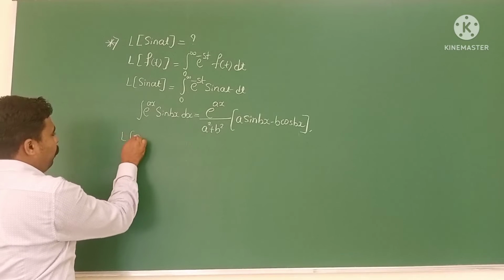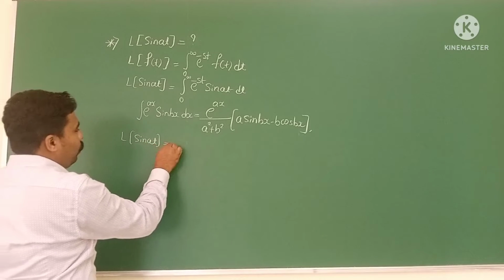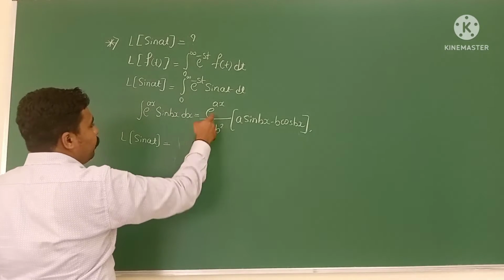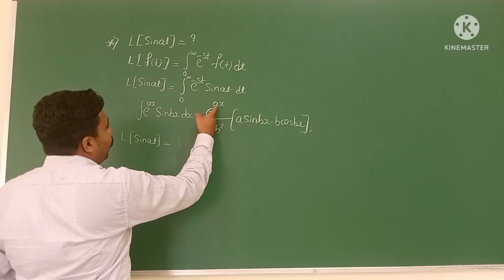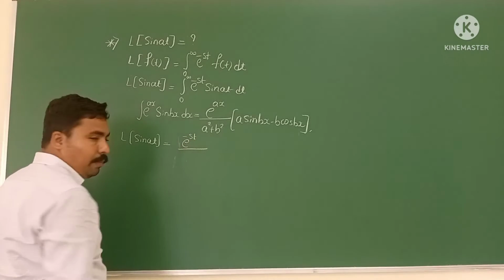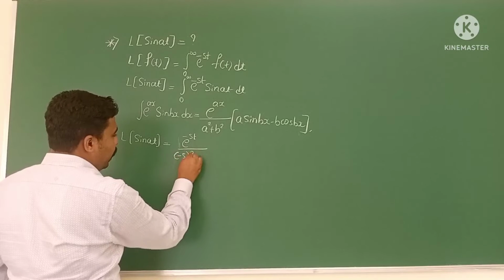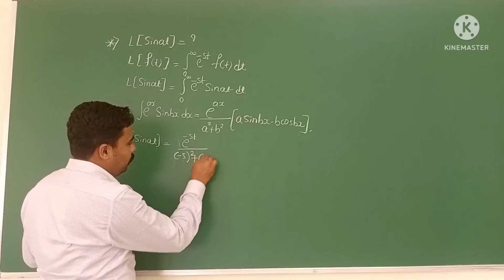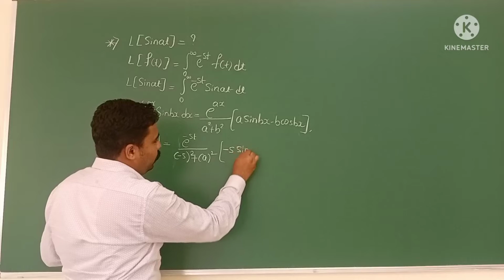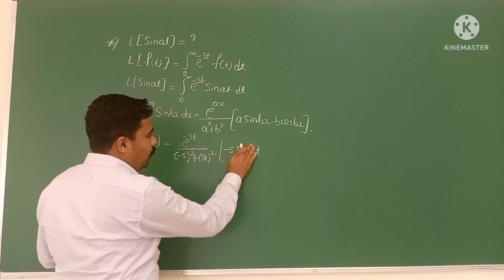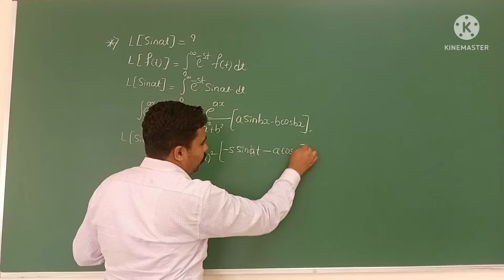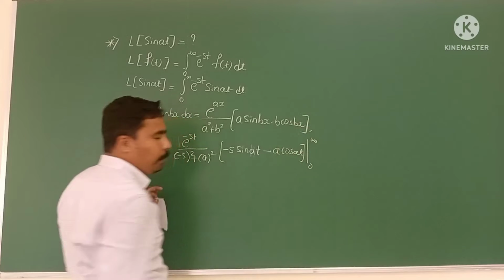Therefore Laplace of sin at equals integral 0 to infinity, and I will write the answer directly here. In e power ax, in place of a we have minus s, and in place of x we have t. So it is e power minus st divided by minus s whole square plus a square, into minus s sin at minus a cos at, between the limits 0 to infinity.